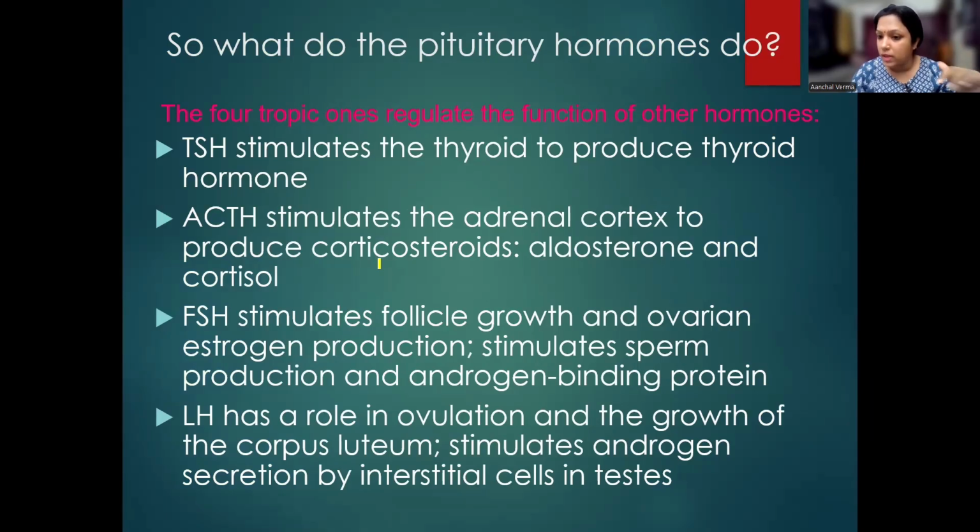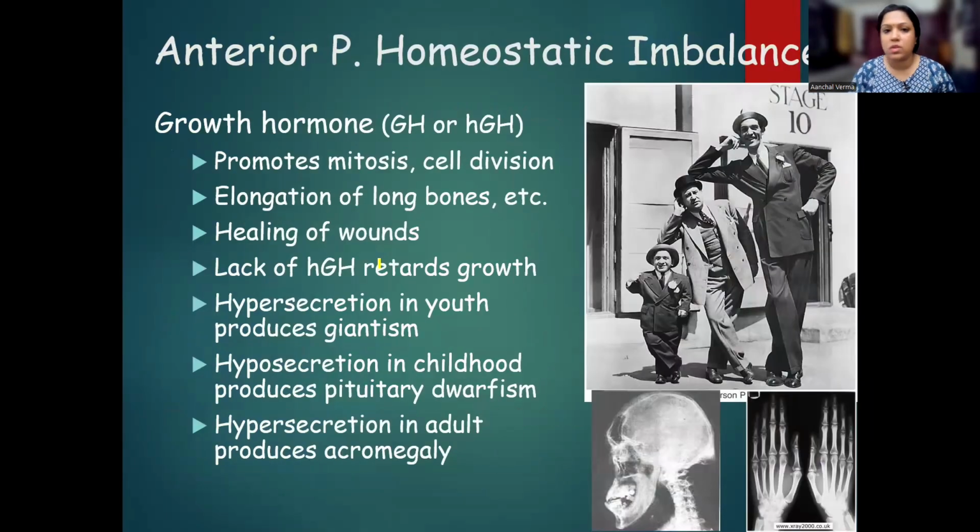On 14th day, the level of LH increases, so ovulation happens. And growth of corpus luteum is also promoted by LH, stimulates androgen, and it also stimulates the testosterone from the interstitial cells or the Leydig cells in males. So LH not only plays an important role in female, it has some role in males also.